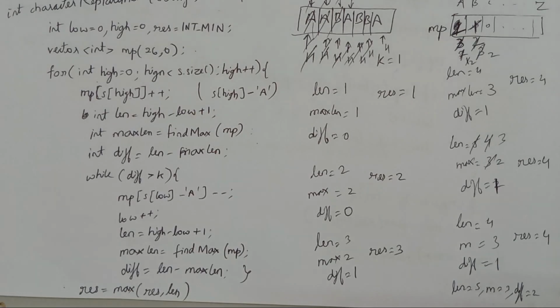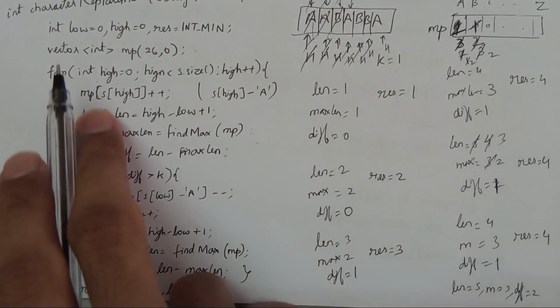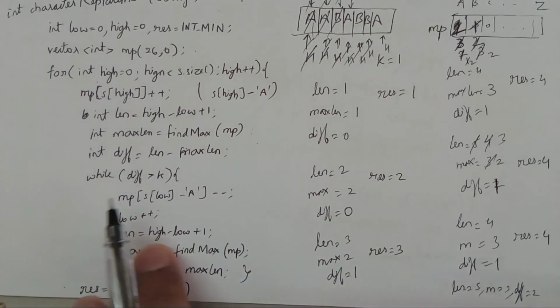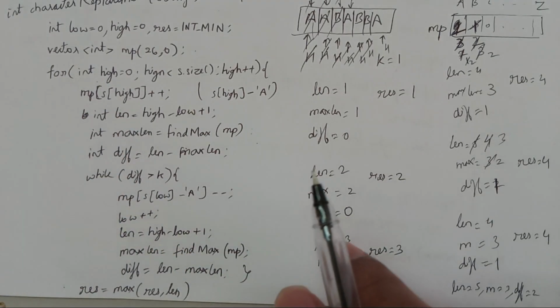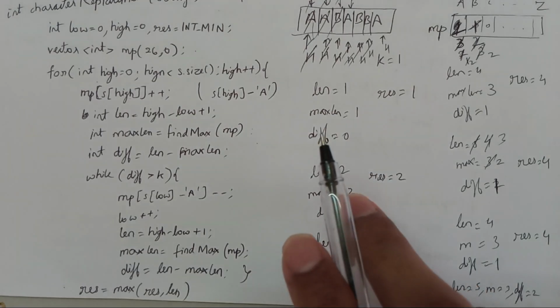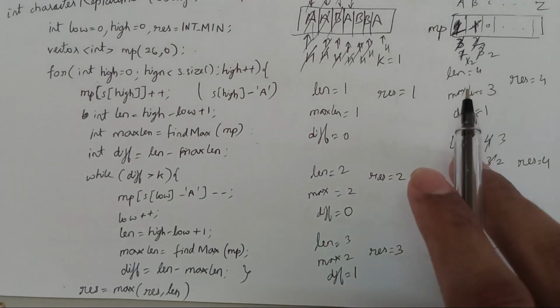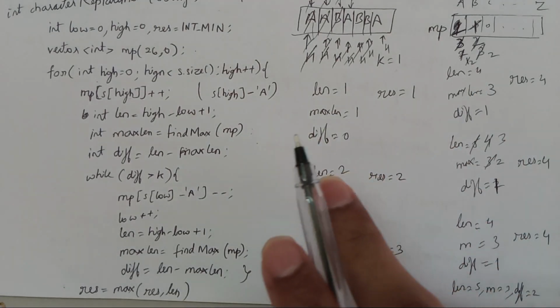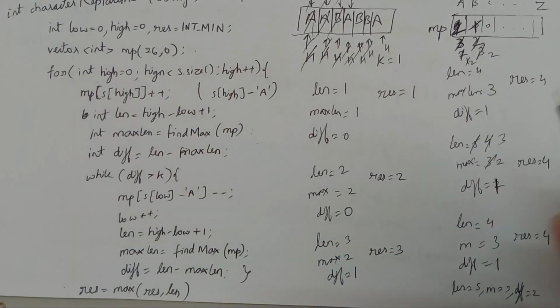So the main crux of this logic is, in here everything remains the same, but only in the while loop we first find the length of the sliding window, then we find the maximum length, like the maximum occurring element length, and check the difference.